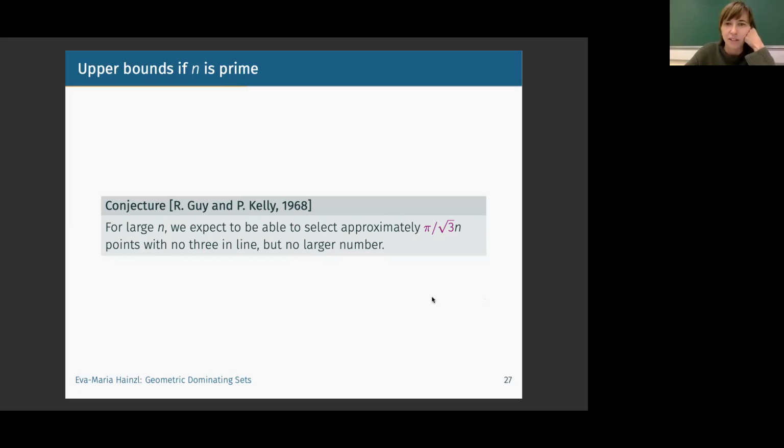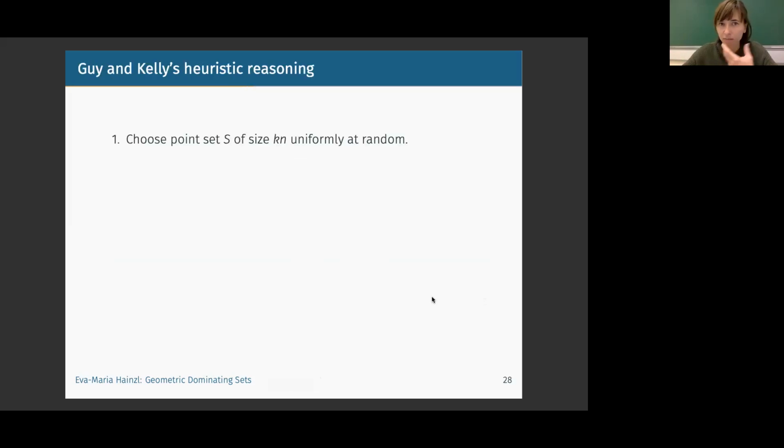Right. So this is in a plane. This is the n times n grid in a plane. And Guy and Kelly, they said that they take a set S of size kn uniformly at random from the n times n grid. And k is, at this point, we want to determine k. It should be smaller than 2, otherwise it's a useless result.